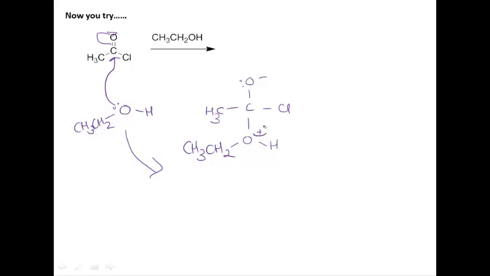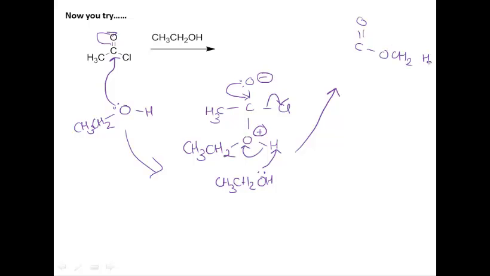In this case, our oxygen has the positive charge here, and we've got another oxygen with our negative charge here, and our ethanol itself is going to act as a base and remove the proton. To reform our carbonyl group and remove our chlorine as the leaving group Cl-, leaving us with ethyl ethanoate.